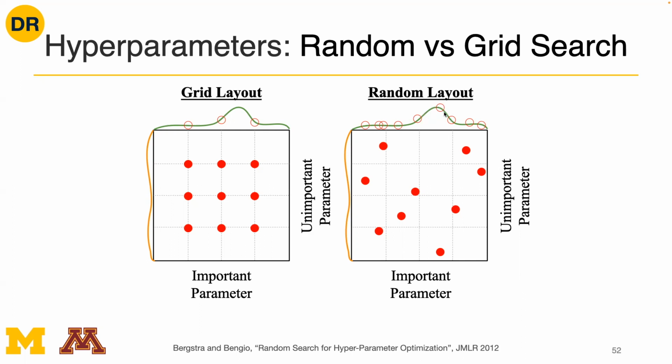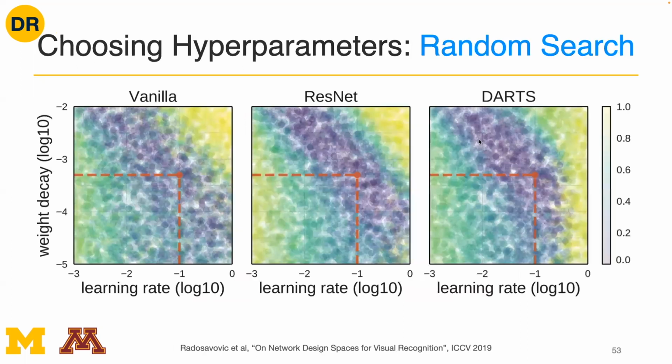So you'll potentially be able to find regions of the important hyperparameter that are very beneficial, and you don't even really need to worry about the unimportant hyperparameter, because in some sense it's marginalized implicitly out. So that's another benefit of random search over grid search: it can potentially aid in cases where some hyperparameters are very important and others are not.